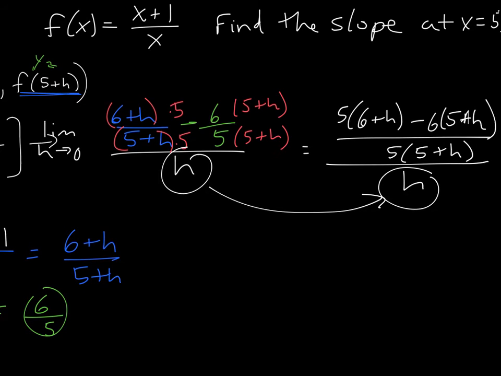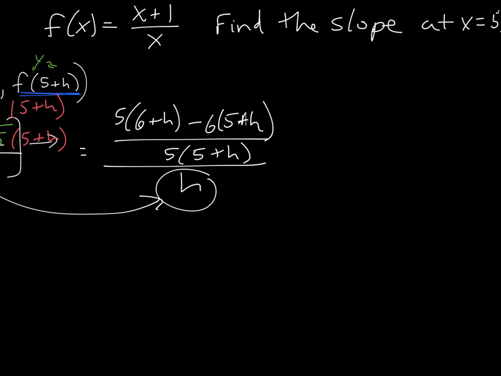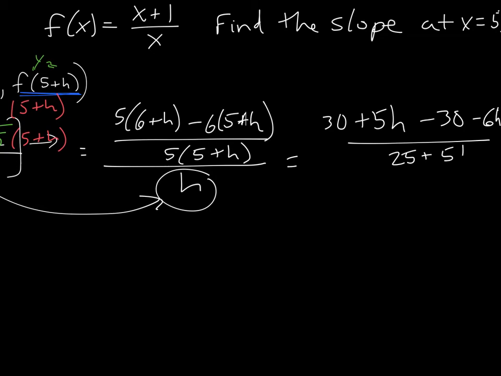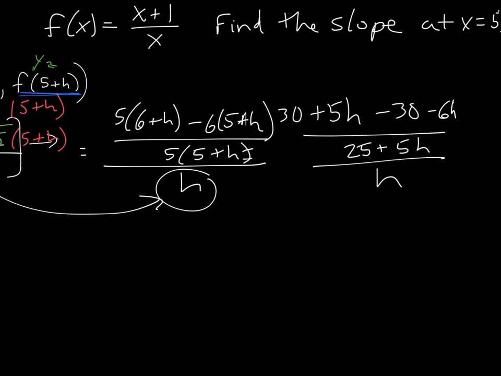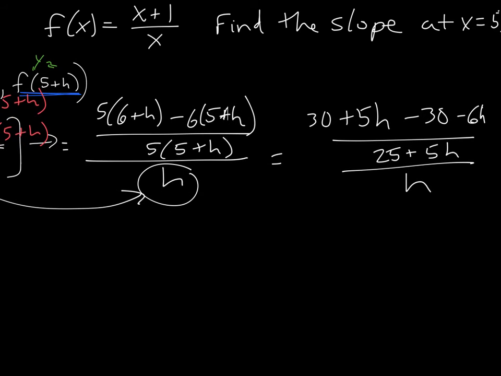The rest is my simplified numerator. And it looks like I've still got some work to do. So let's multiply that out. So I've got 30 plus 5h minus 30 minus 6h all over 25 plus 5h all over h. And I'm finally starting to see something that's going to work out here.